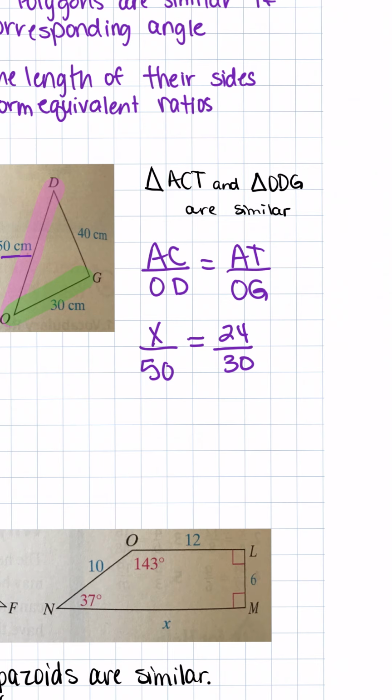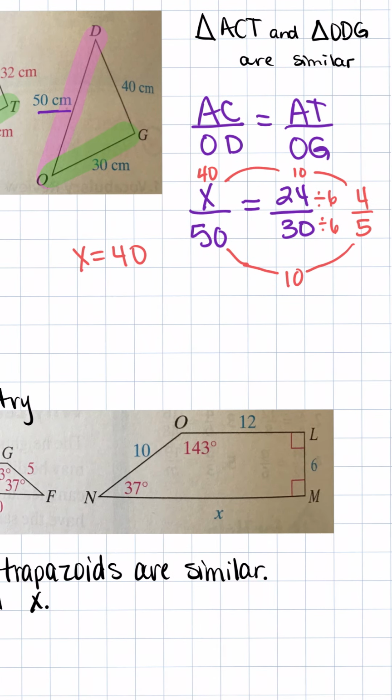So if we were to simplify that, then we could divide the top by 6 and the bottom by 6, and we get 4/5. And then we can say, okay, 5 times what equals 50? 5 times 10. So 4 times 10 equals 40. So x equals 40.